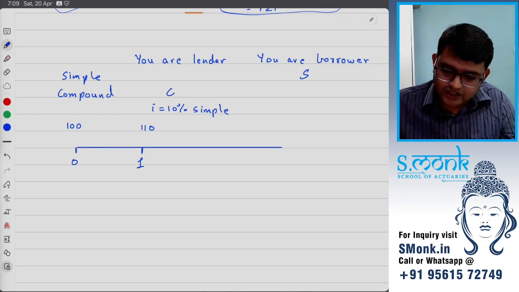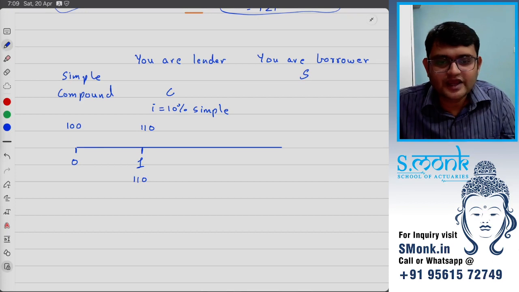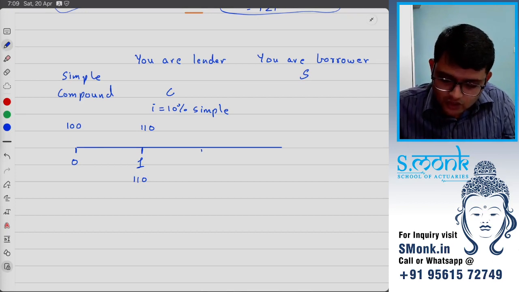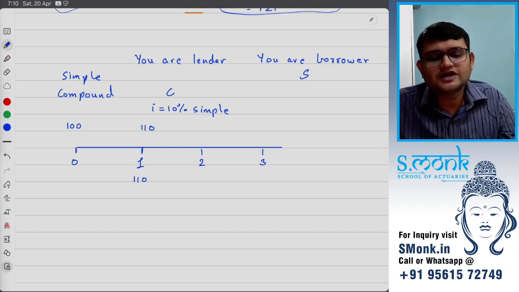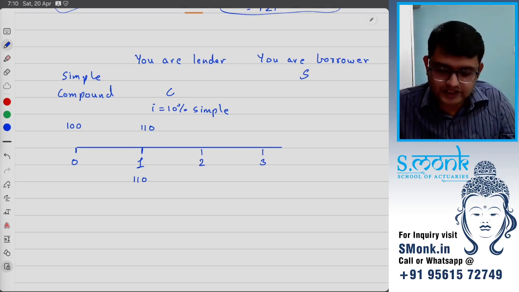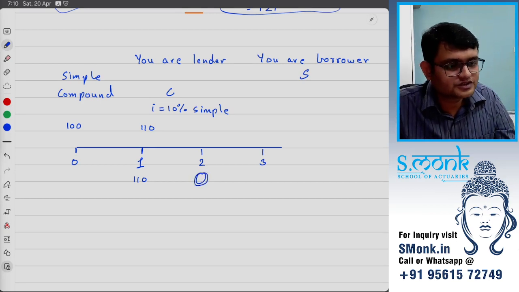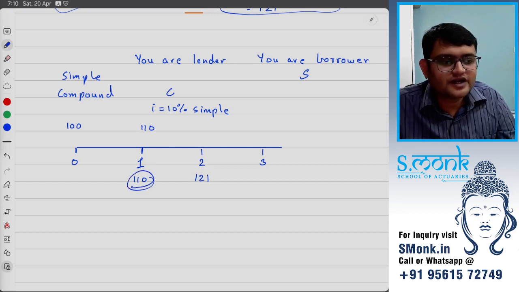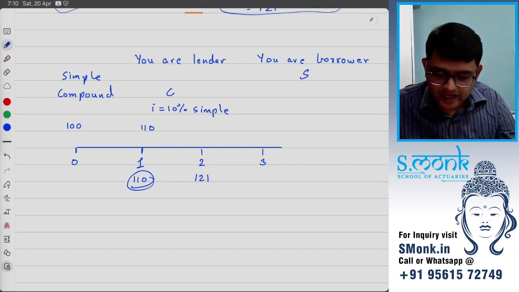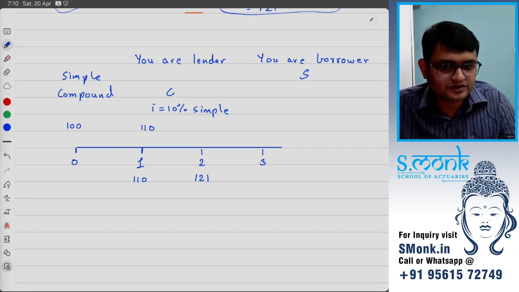Okay. Now, let's say you take that 110 rupees and give it as a loan to somebody else for 1 year. So can you tell me at time 2 how much would you get? At time 2 you would get 121, because 10% of 110 will be 11, and you will add 11 to your 110 and you will get 121.